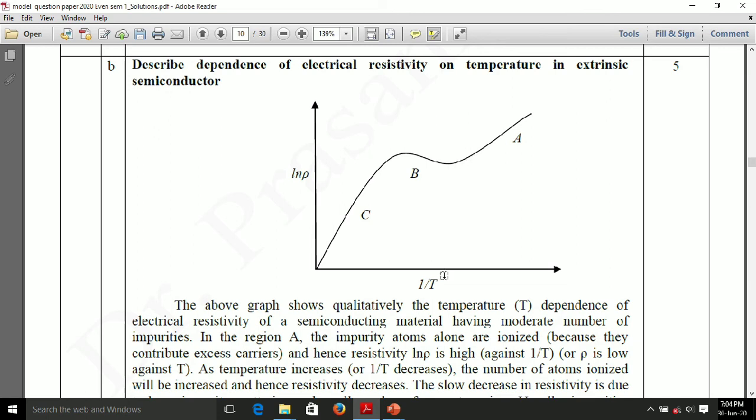And within a specific window of temperature, neither the intrinsic atoms nor the extrinsic atoms release electrons, therefore there will be an increase in resistivity.